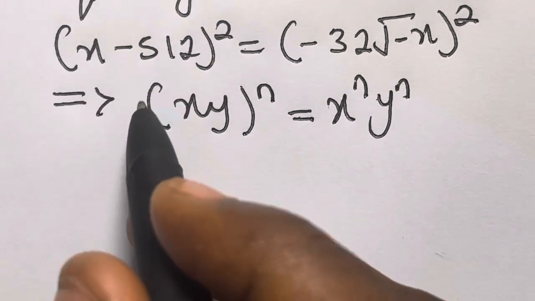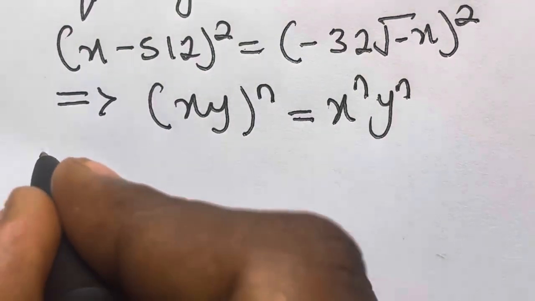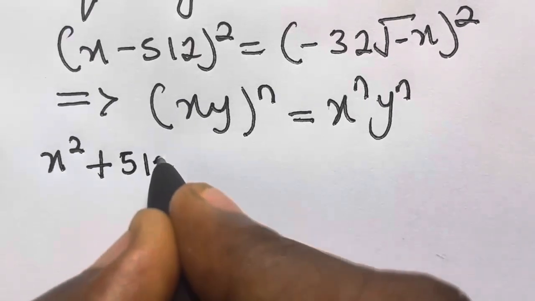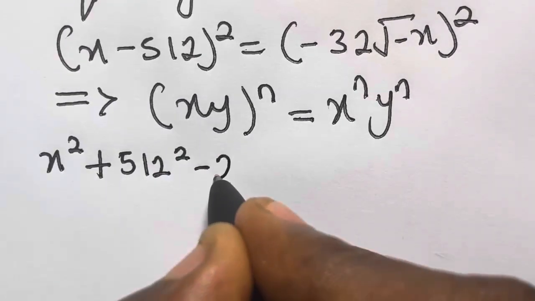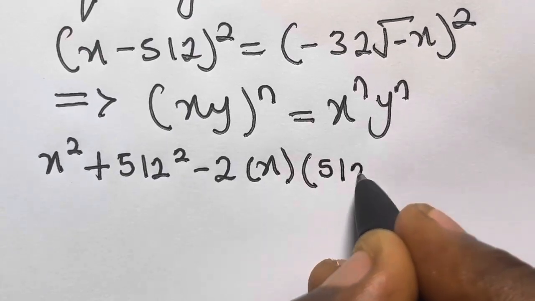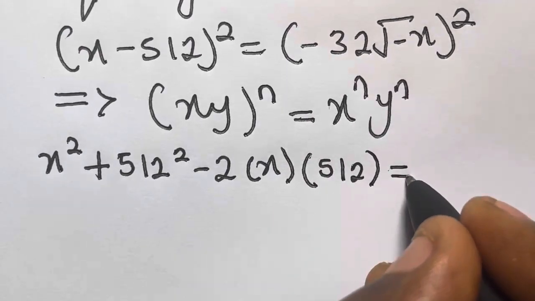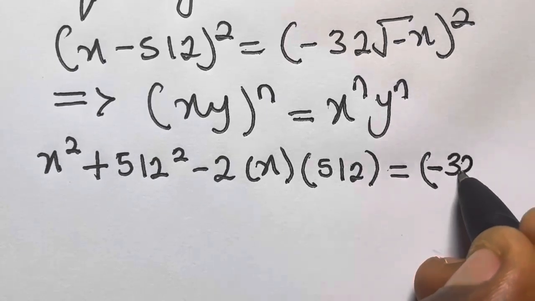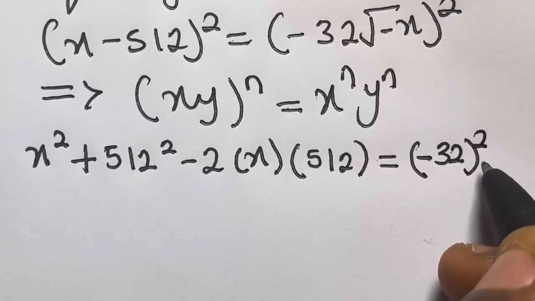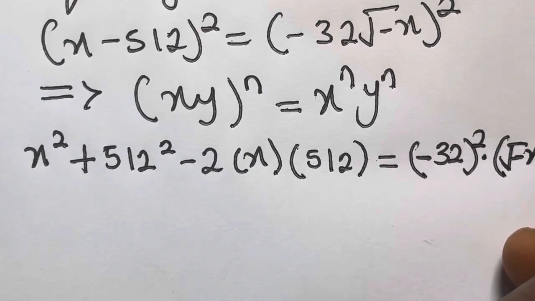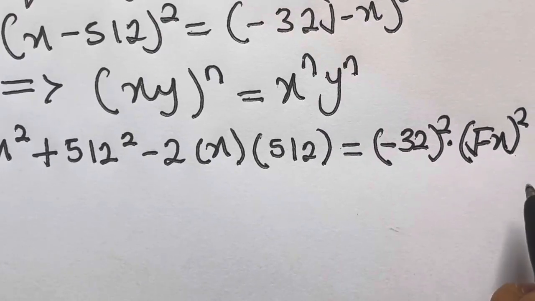So expanding this, we will have x squared plus 512 squared minus 2x multiplied by 512 equals, so applying this to this, we have minus 32 squared times square root of minus x squared. So we have it like this.